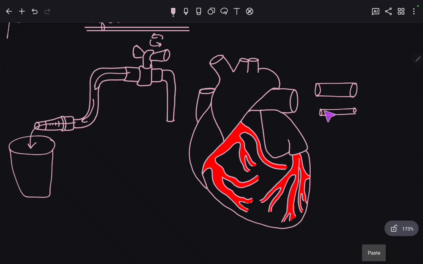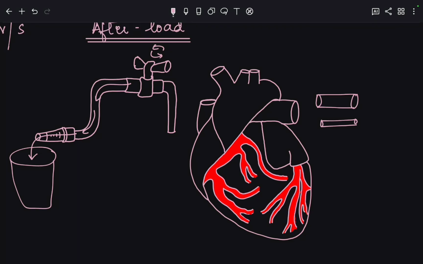And since the diameter is small, it won't allow blood to pass as easily as this blood vessel with a greater diameter will. Hence, the force with which the heart will have to pump in order to allow blood to flow through this blood vessel is much greater than the force with which the heart will have to pump for the blood to flow through this blood vessel. Hence, the force with which the heart has to pump in order to maintain the normal flow rate is afterload.